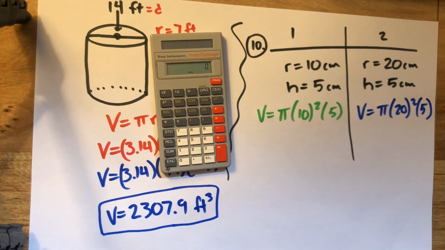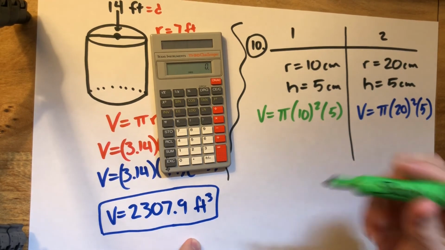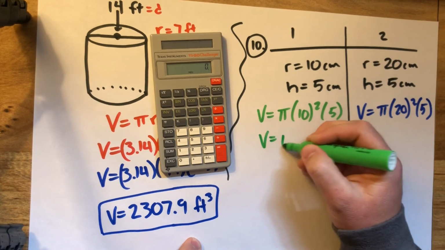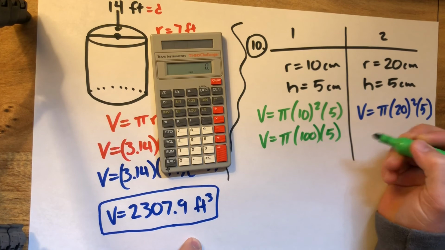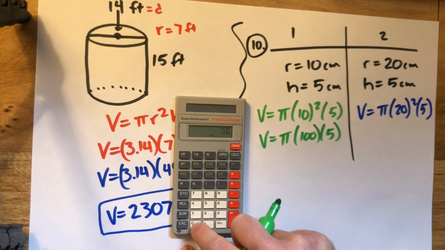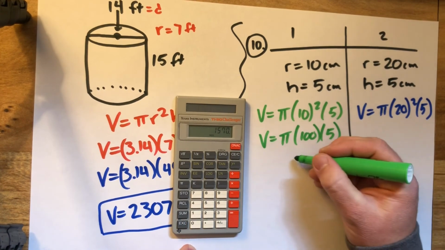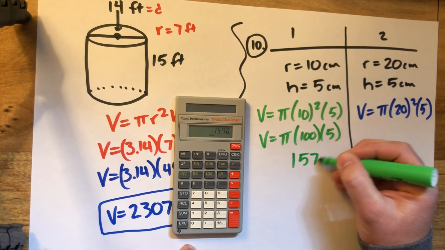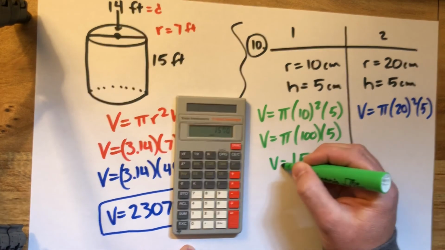So let's see how that affects our calculation. First of all, we have 10 squared. That's going to be 100. So now we have volume equals pi times 100 times 5. I know 100 times 5 is going to be 500, so we'll go 500 times 3.14, which is 1,570 cubic centimeters for the first one.